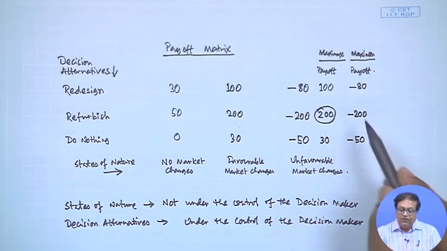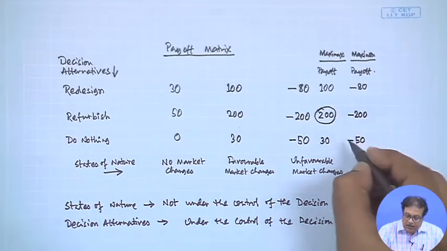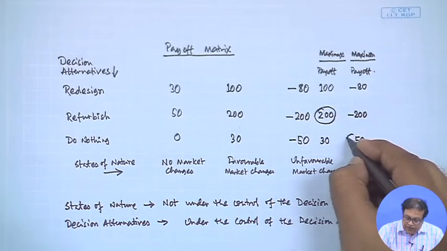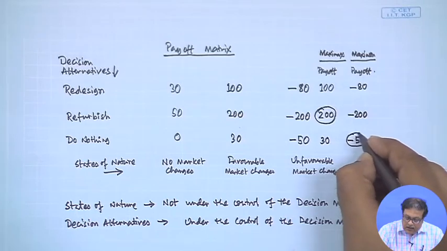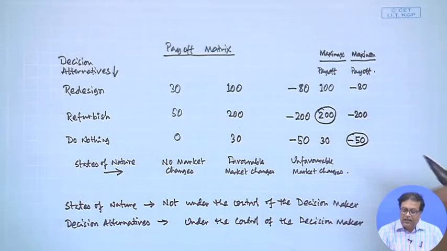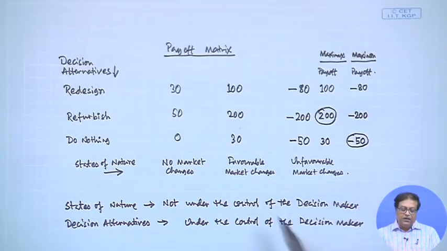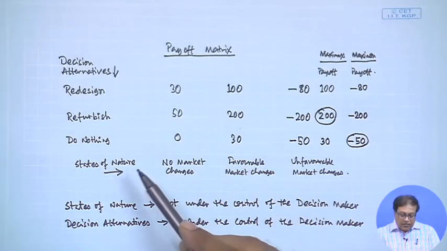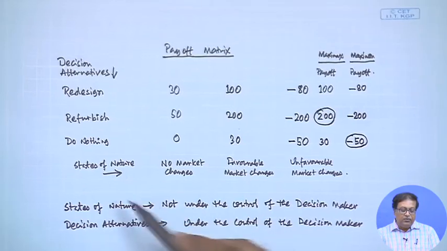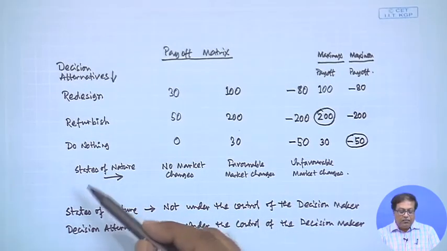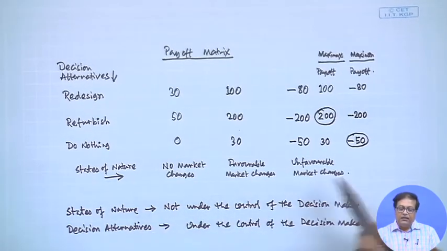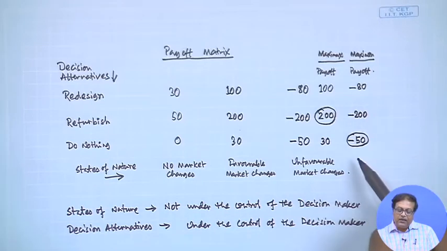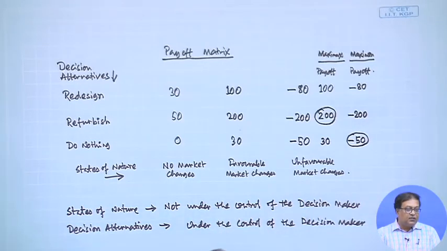So which one is the maximum of these minimums? That is minus 50, because the others are even lower, that is minus 80 and minus 200. So in this case the decision maker would choose do nothing for Maximin, and the payoff expected would be minus 50. So this is for the Maximin operator.